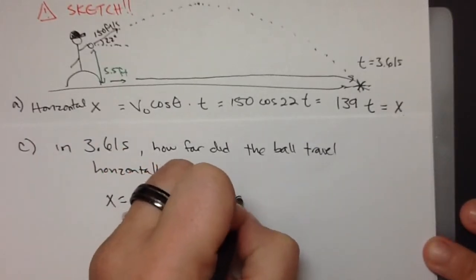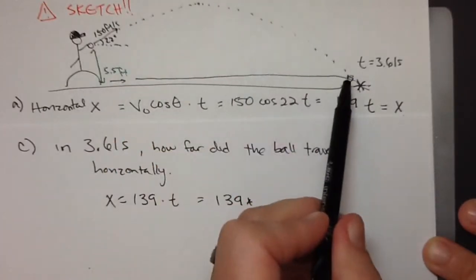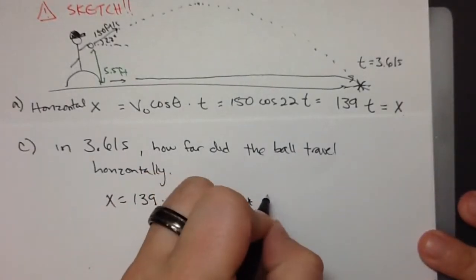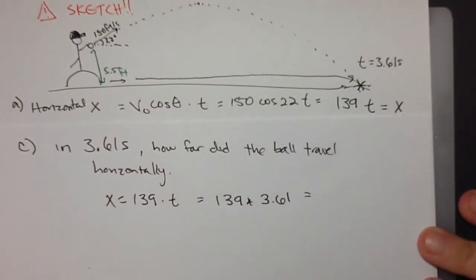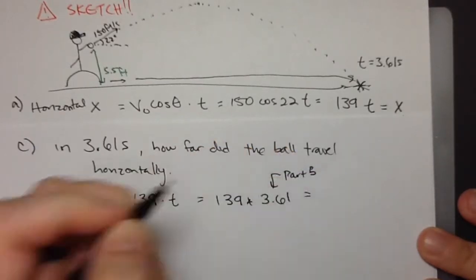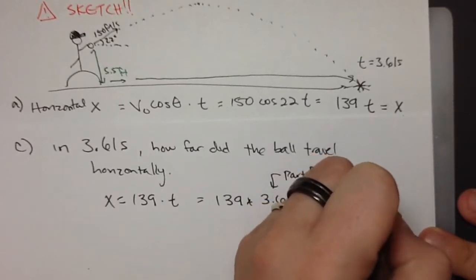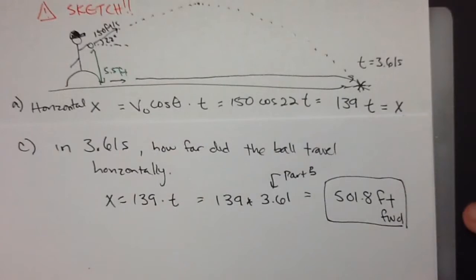While it was going up and coming down, it was also moving forward. The thing that ties the two dimensions together is time. So we're going to multiply 139 by that 3.61 seconds. The time is from part B. And we get 501.8 feet forward. So that's the answer to part C.